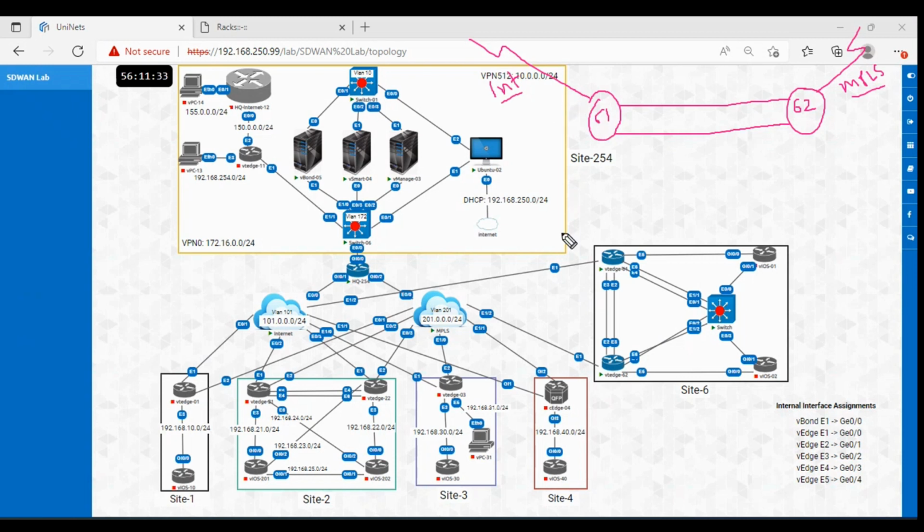And here on 61, we have this interface. This is actually nothing but gig 0/0. And this is also gig 0/0, right? And these internal links are gig 0/1. I'm not writing G, I'm just writing gig 0/1. And this one is gig 0/2. This is again 0/2.